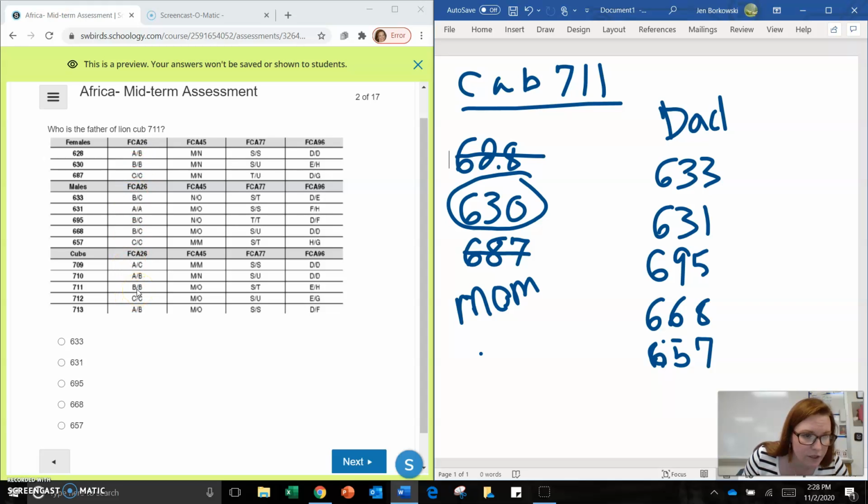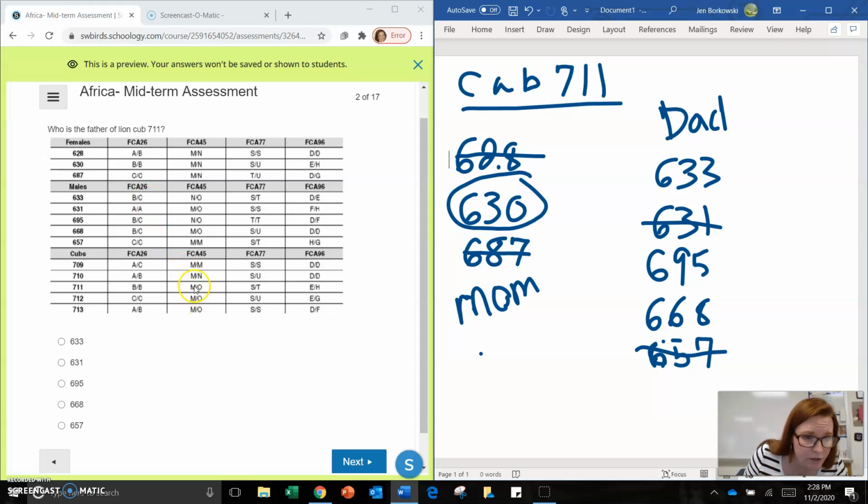So we are looking for a male lion that has at least 1 B because this cub got a B from mom, and then we know it had to have gotten a B from dad. Well, 657 doesn't have any B's, so it can't be the right answer. 668 does have B's. 695 has B's. 631, no B's. 633 does have B's.